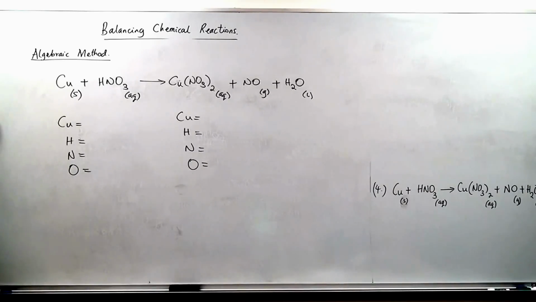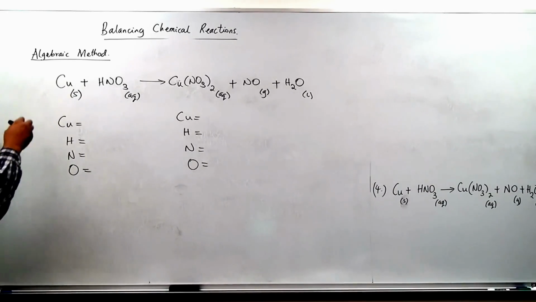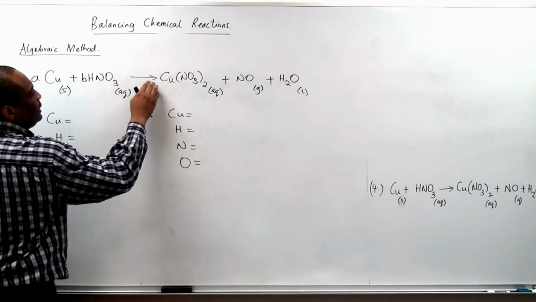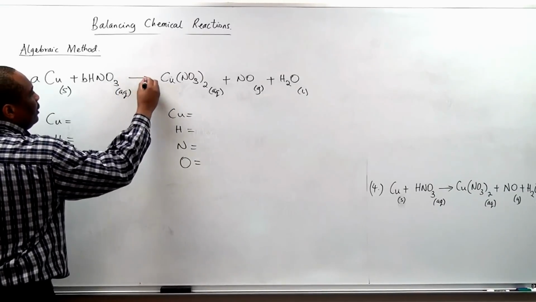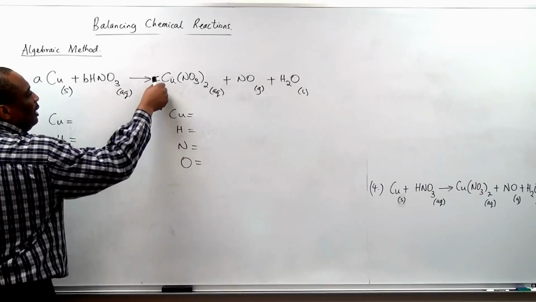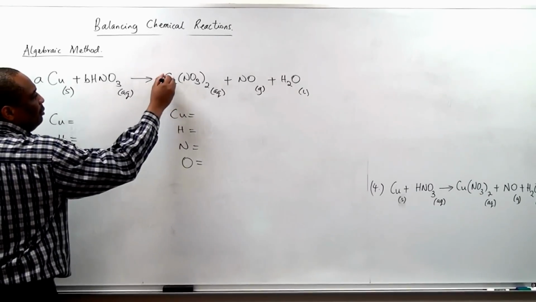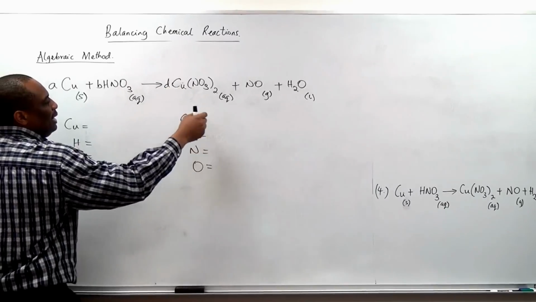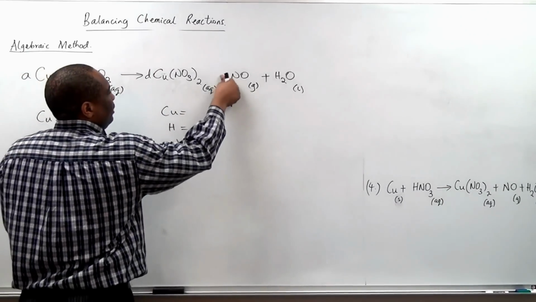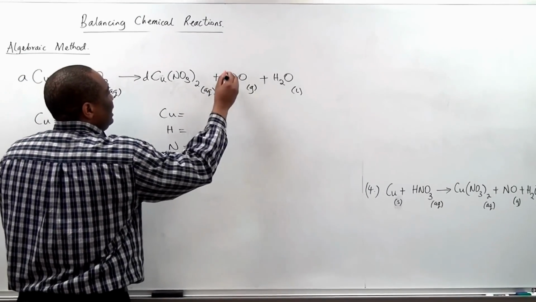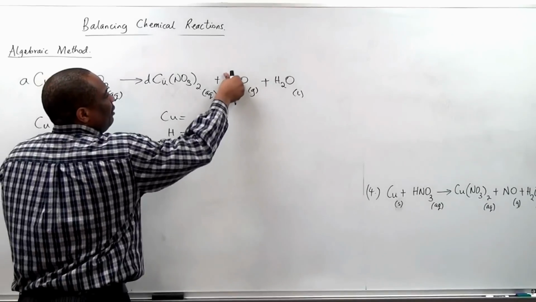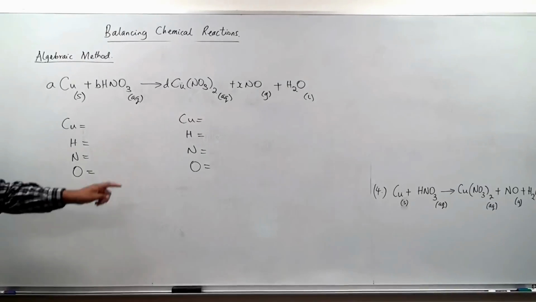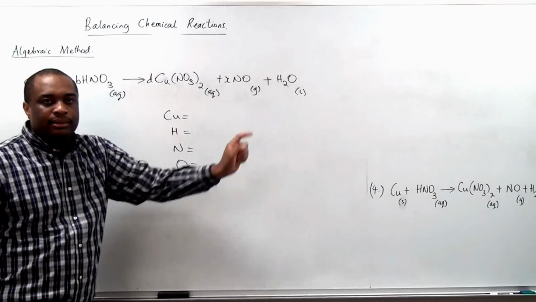We can use, let's say, a, b, c, d. How about A, B, C. Or let me, because this C will be confusing with the copper, let me put this as D, and then let me put this as X. Just put anything that you know. And then remember, I have to leave this.